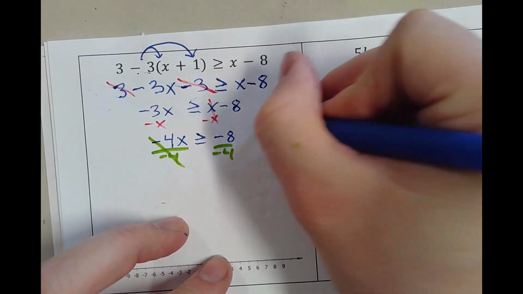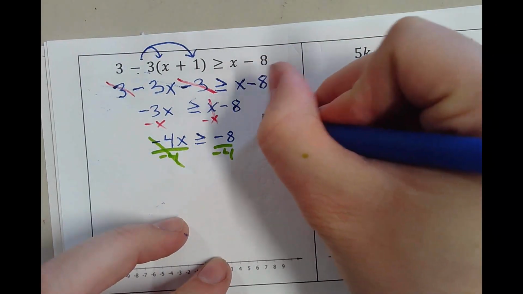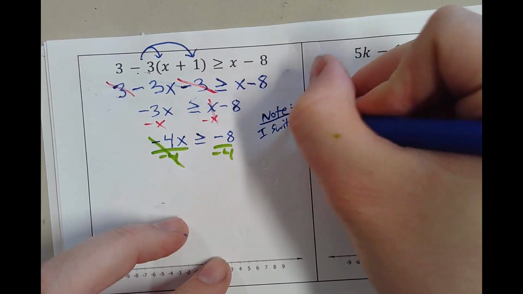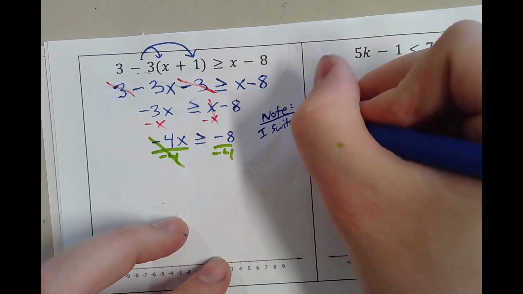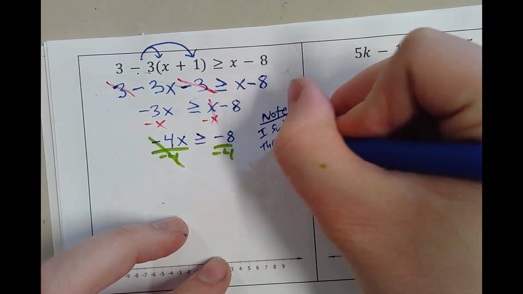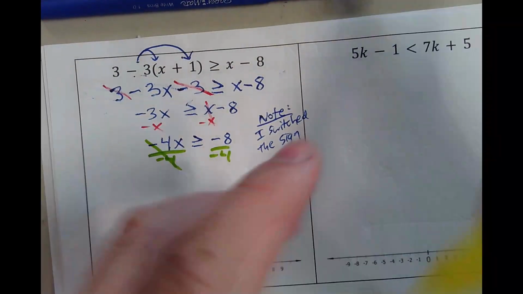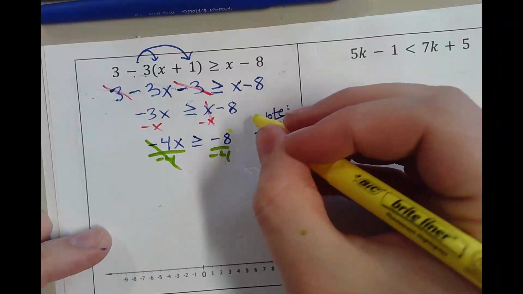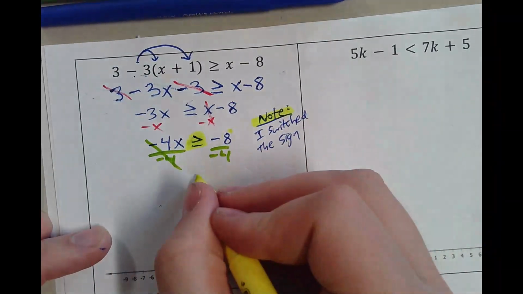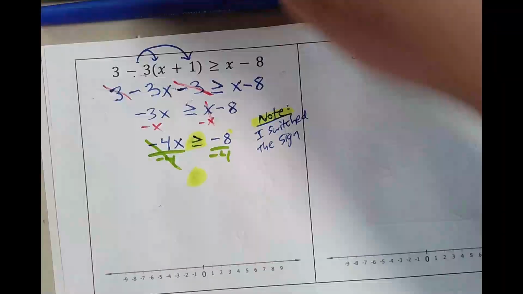Whenever you divide by a negative, you have to switch the inequality symbol. So you can make a little note here that you have to switch the sign. This time, I'm going to add a little highlighting here. The symbol must be flipped.